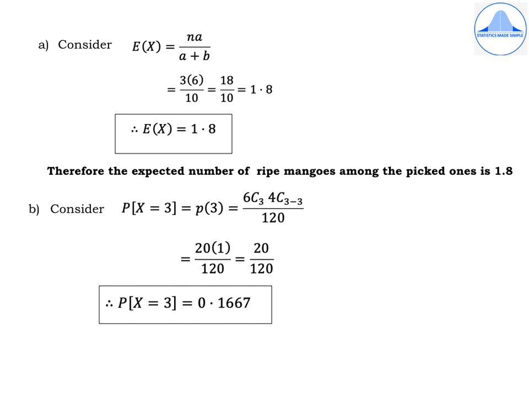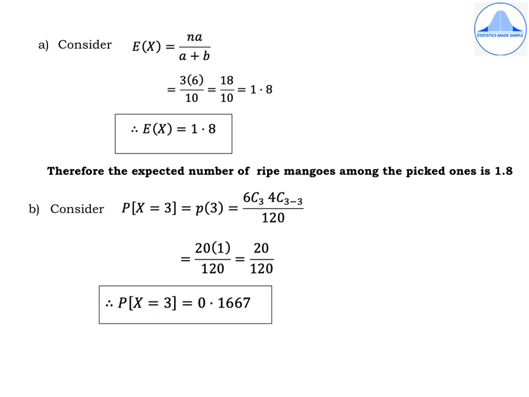Second subdivision, you should find the probability that all the picked mangoes are ripe. How many mangoes were randomly selected? 3 mangoes were randomly selected, and to find the probability that all the picked mangoes are ripe, we need to find the probability of x equal to 3. So consider probability of capital X equal to 3, which is small p of 3.